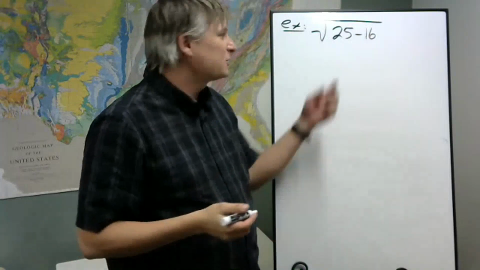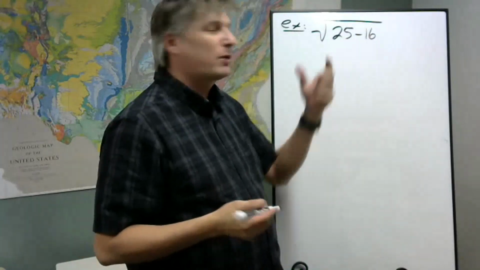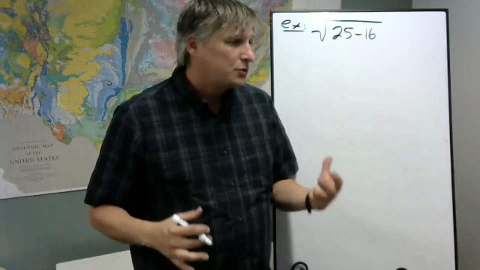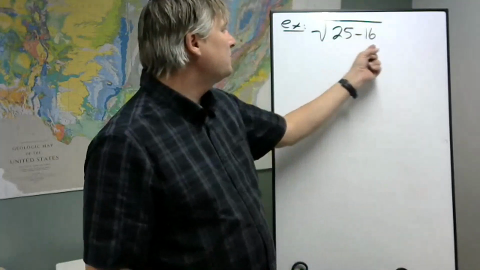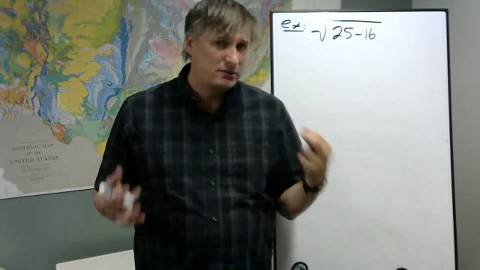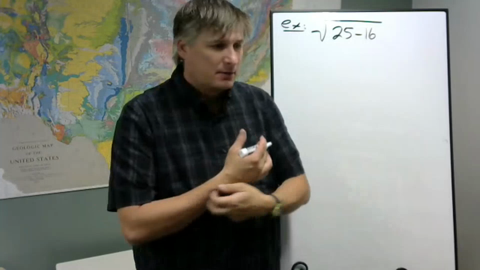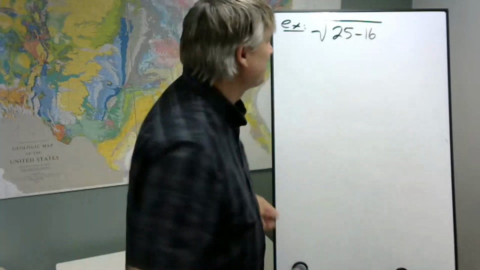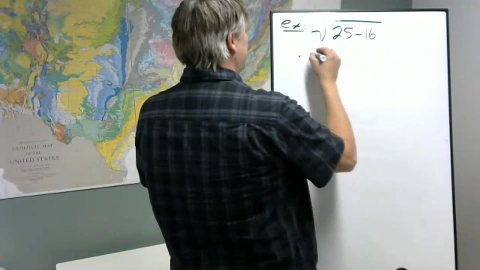Now, you might try to take the square root of 25 or the square root of 16 first, but you actually don't want to do that. What you want to do is do the computation inside the square root first. Now, there are times when we don't do this, and we'll talk about that later. But for addition and subtraction, that is something we're going to do.